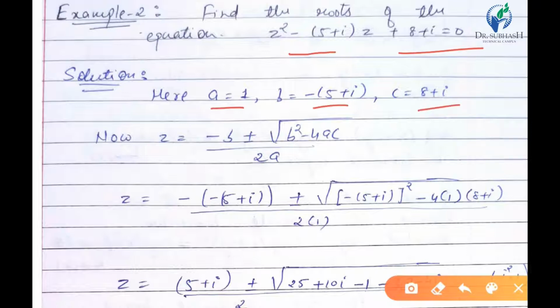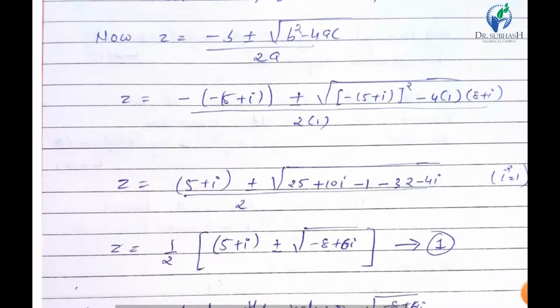Now, we write the formula of discriminant. We substitute these values of a, b, c in this equation. We get the next equation. Now see, we will simplify this.